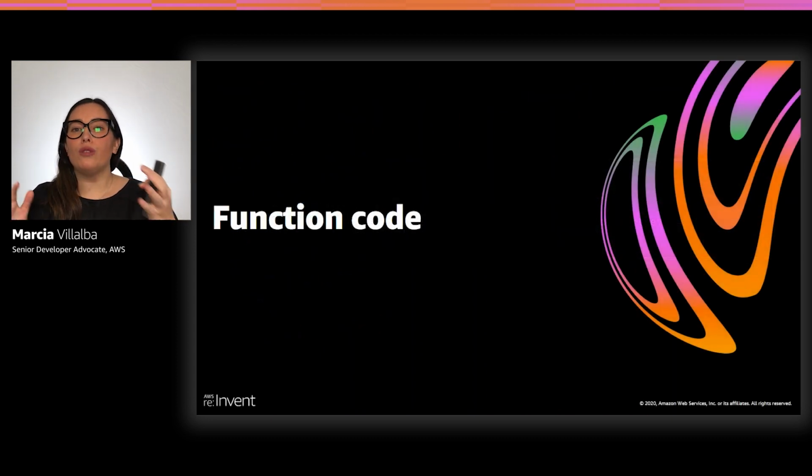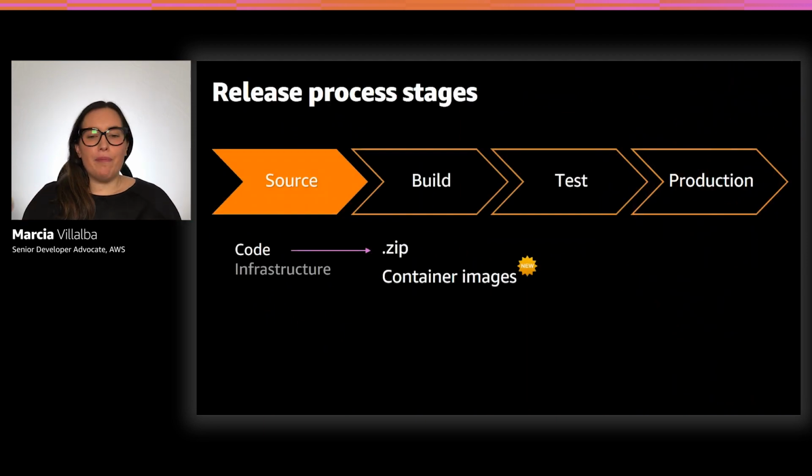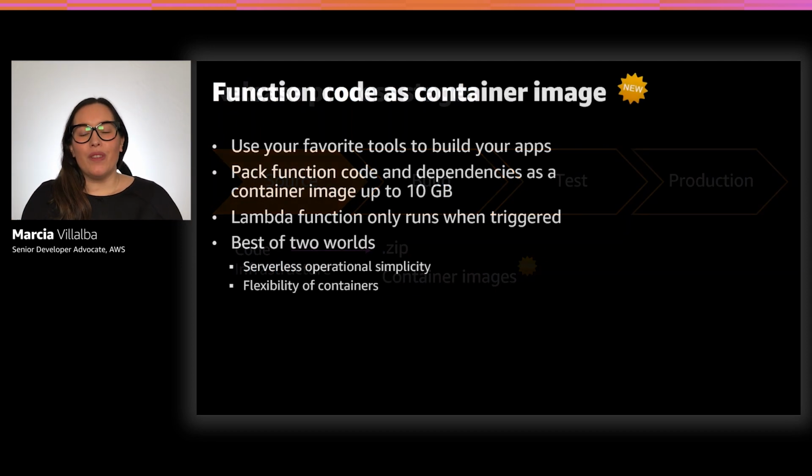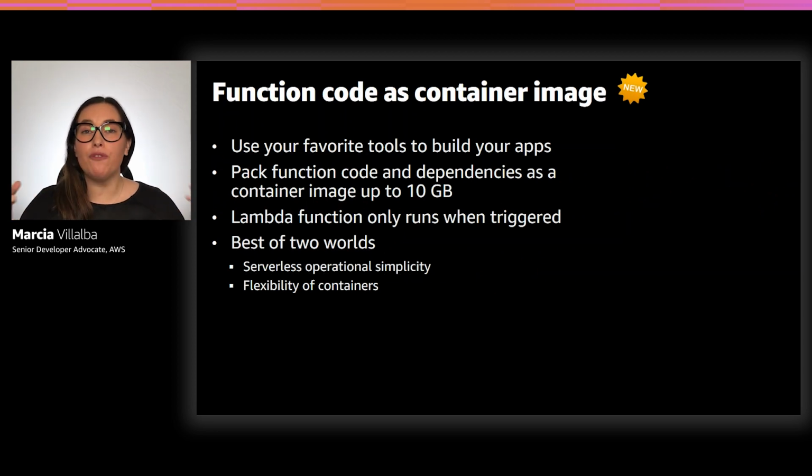Now let's move on to the function code. Before re:Invent, the function code was very simple. It was a zip file. Now we have two options. We have the zip file that we all know and love, and container images that have just been released. So if we want to use the function code as a container image, basically we can pack all the function code together with all its dependencies in a container image that is around 10 gigabytes at maximum.